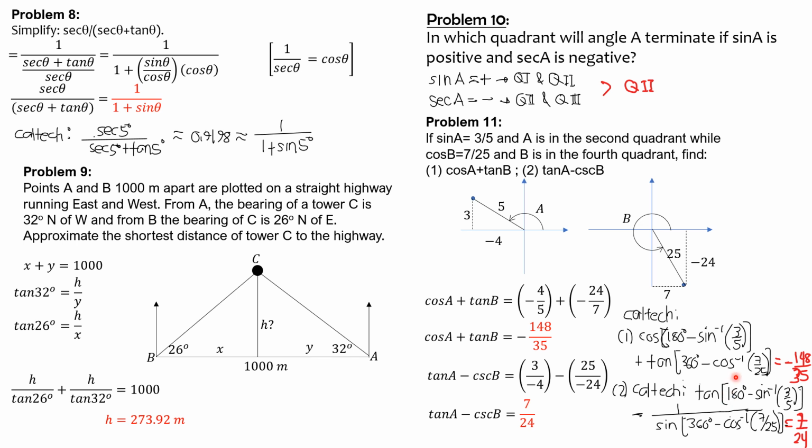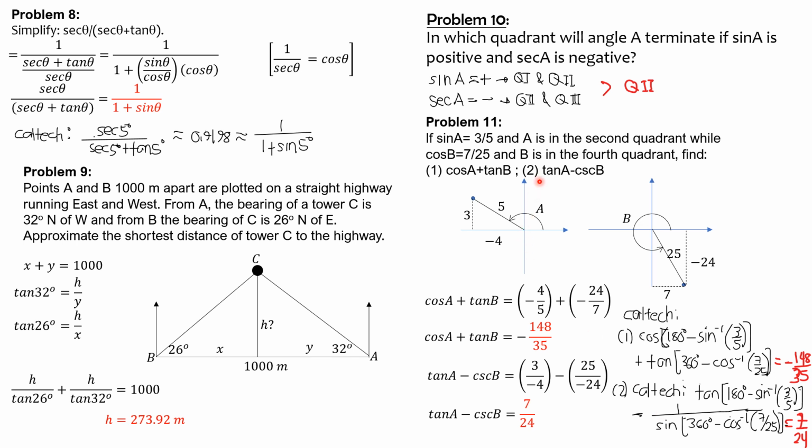Or you can make it inverse cosine of negative, or it's still positive, 7 over 25, because it is positive 7 over 25. Then, using your calculator, press equals, you will get negative 148 over 35, which is the same as that.